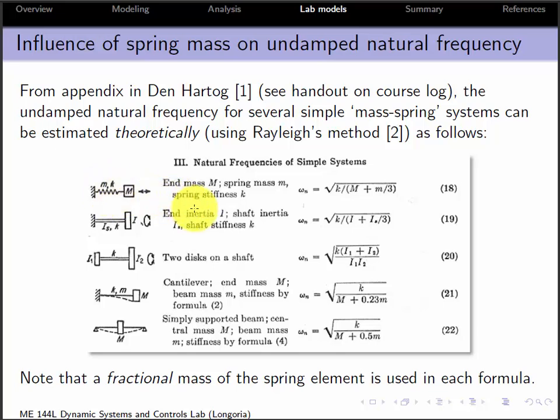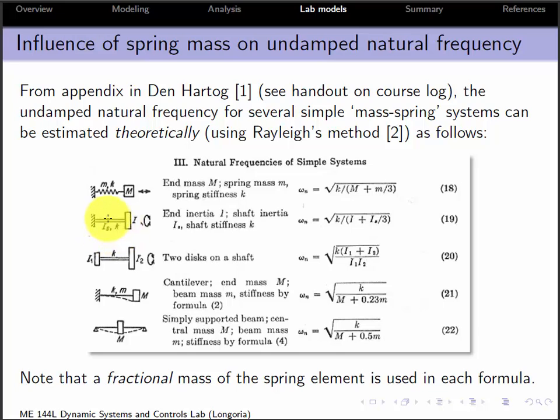What we're doing is taking into account the fact that the mass in that spring is going to make itself known in the way the system actually vibrates. That's basically what is being done in each of these formulas, even for this rotational system, where this is mass and this is rotational inertia.